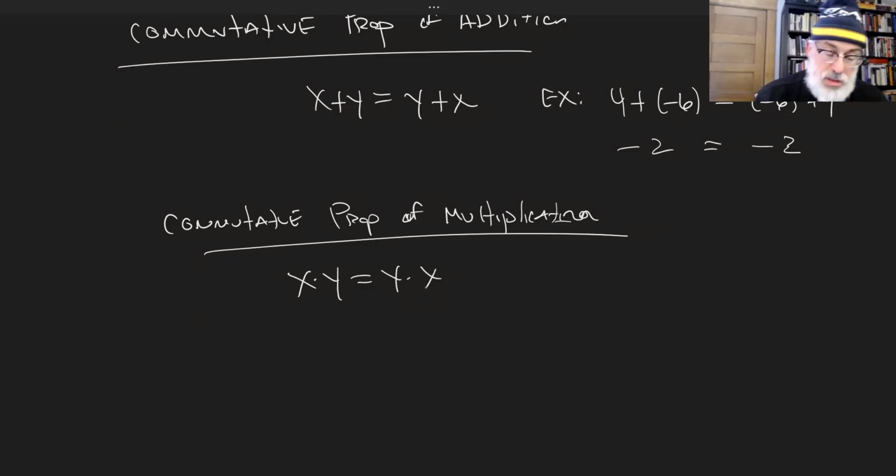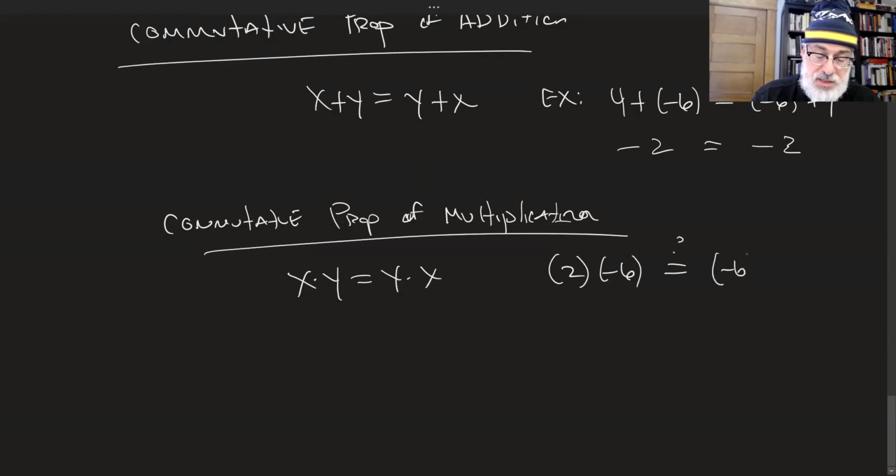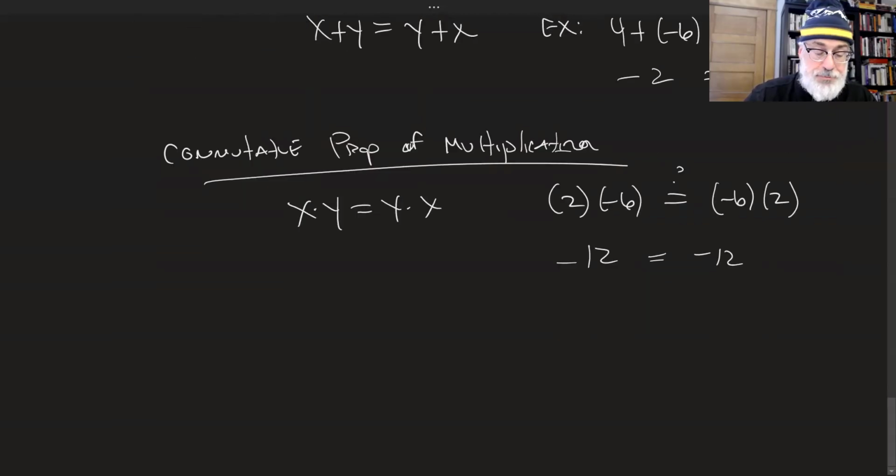Now, if you move on from college algebra to, say, linear algebra, you'll notice that if we multiply matrices, it's non-commutative in some cases. So assuming that something is commutative is a mistake. Let's look at an example. 2 times -6, is that the same as -6 times 2? Well, we get -12 equals -12. So yes. So again, this is commutative, addition and multiplication.